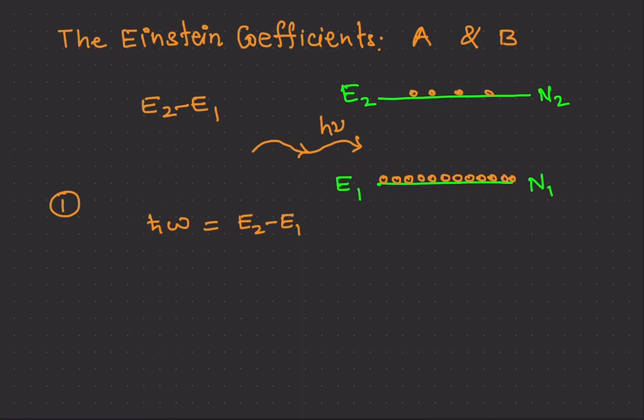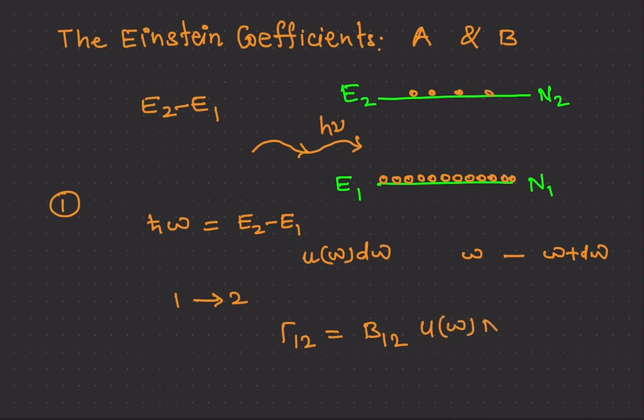Thus, if U(omega) d omega is the radiation energy per unit volume between omega and omega plus d omega, then the absorption per unit time per unit volume from level 1 to level 2 is given by gamma 12 is equal to B12 U(omega) N1.